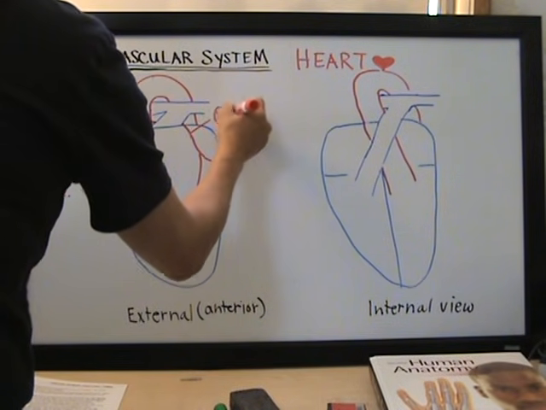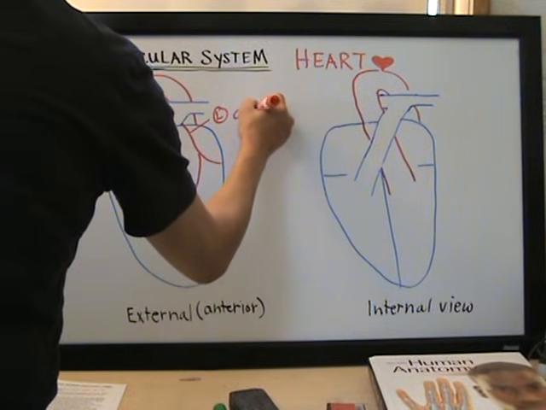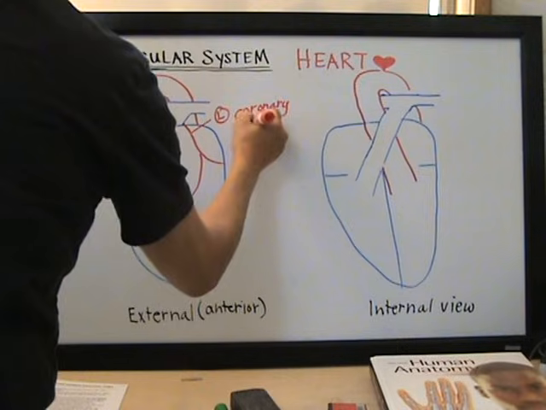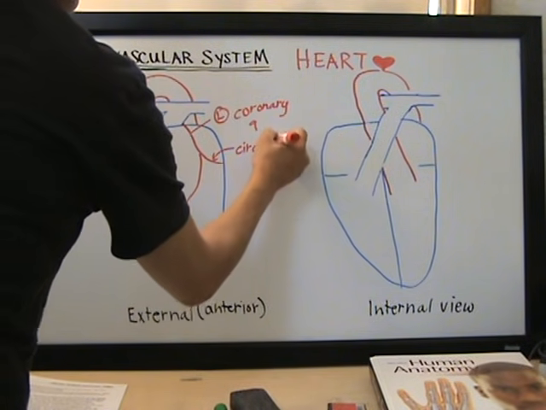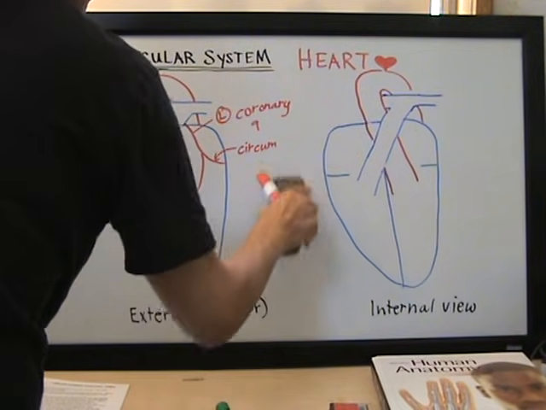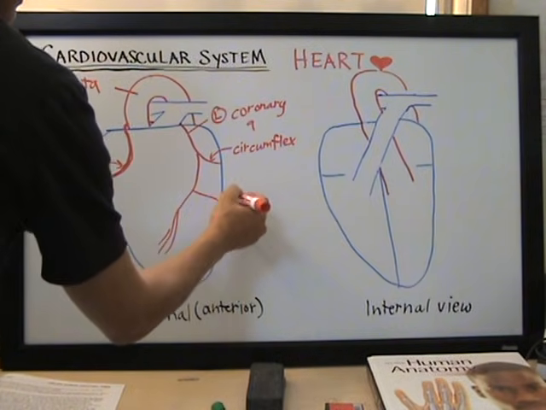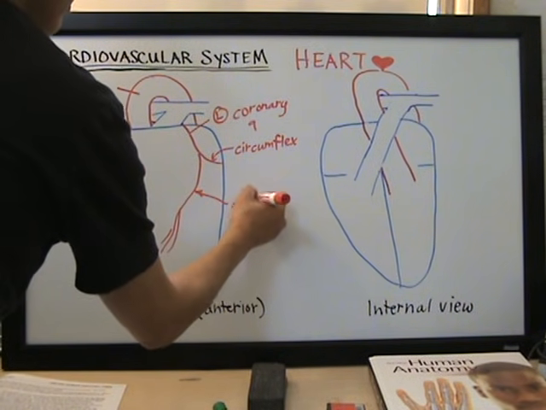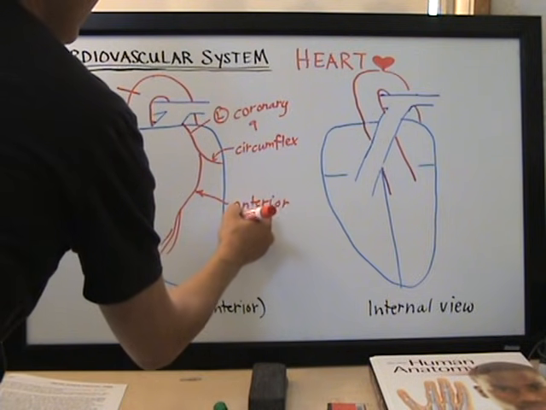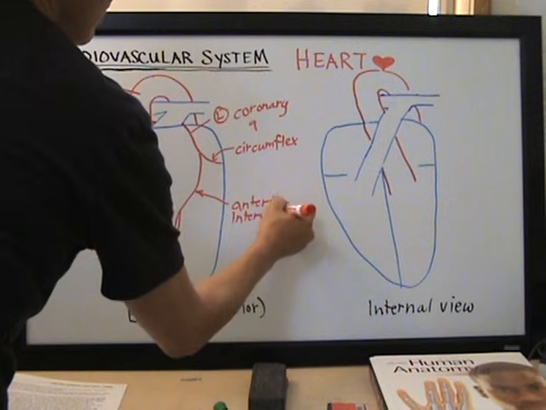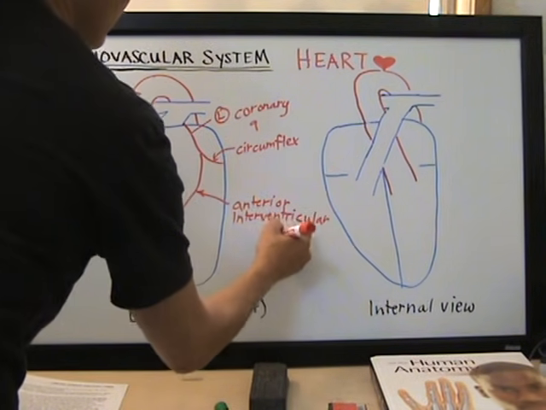I know these are vessels, but I'm going to do the vessels associated with the heart too. And then we have the circumflex artery, and then the anterior interventricular artery.